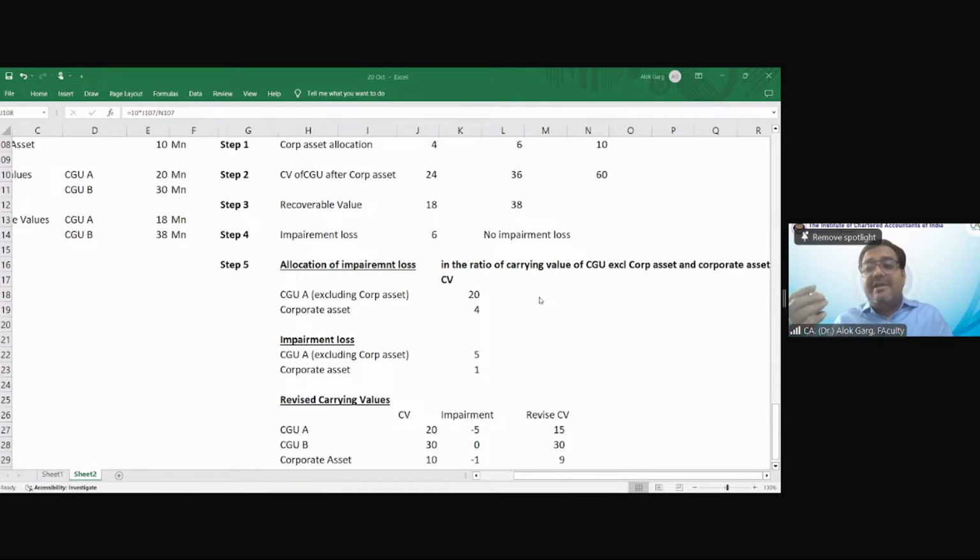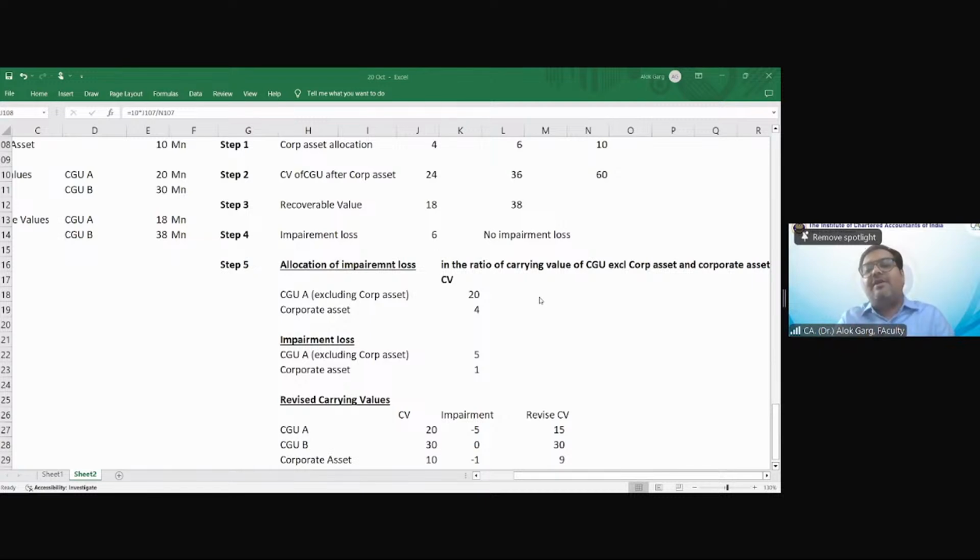Yes, sir. Correct? But in that case the value of 18 was given individually. In this case, the recoverable value given is for the whole CGU, right? So this corporate asset will also become part of that CGU. The situation I described was for an individual asset, because that individual asset can generate cash flow independently. But if there is a CGU where the recoverable value of the CGU is given and the corporate asset is also given, you will assume that the corporate asset is part of the CGU.